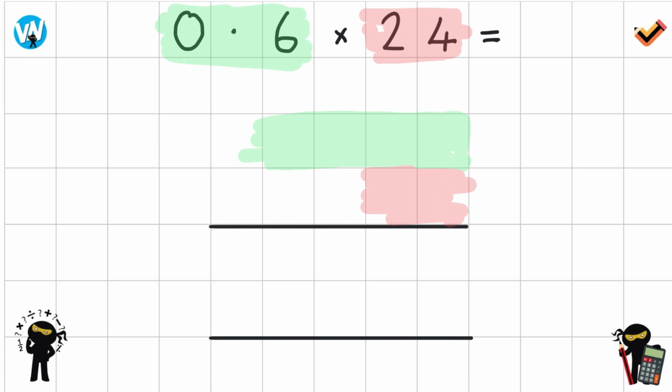We're going to have 0.6 times 24. Now again, this is where presentation and layout is key, because it gets really tight really quickly.